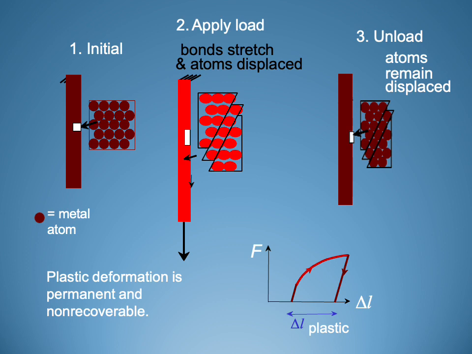I apply stress and I get stretching of the bonds like I did before, but at some stress level, planes of atoms, how about this color, this plane of atoms slides past the next plane along this direction. So maybe we could say it looks like that.